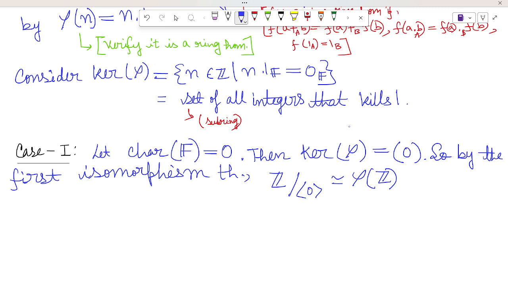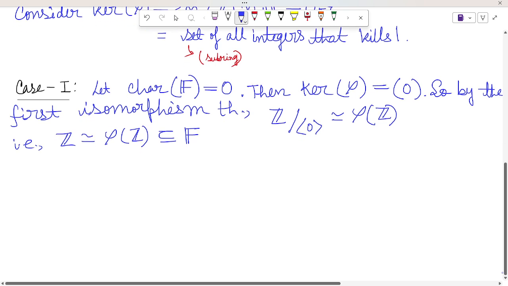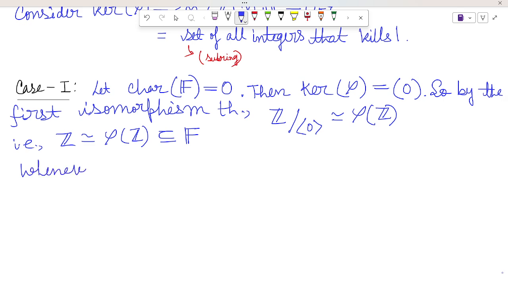That means Z, which is isomorphic to phi of Z, will be contained inside F. Okay. Now see, whenever Z is embedded, embedded means a one-to-one map.